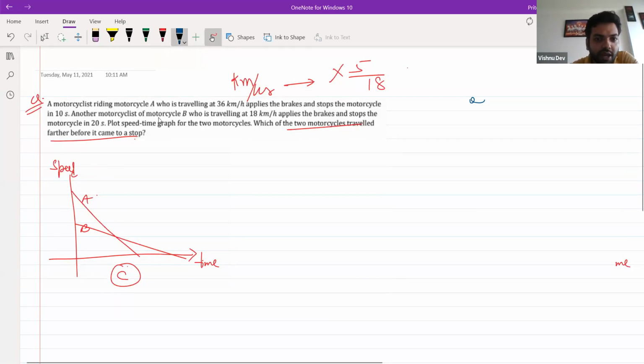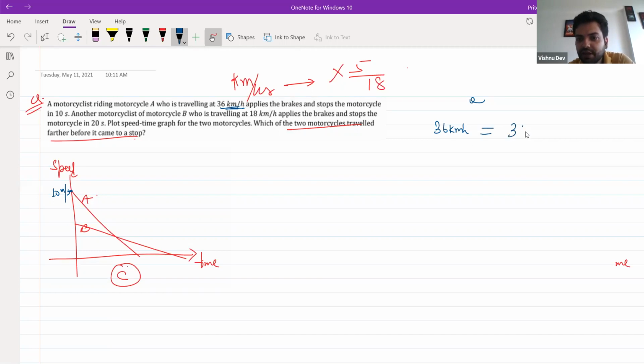So A is traveling at 36 kilometers per hour. That means initially its velocity is 10 meter per second, because to convert 36 kilometer per hour into meter per second, we multiply by 5 by 18.